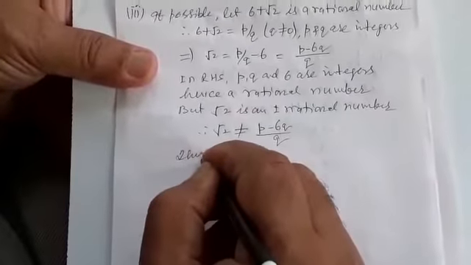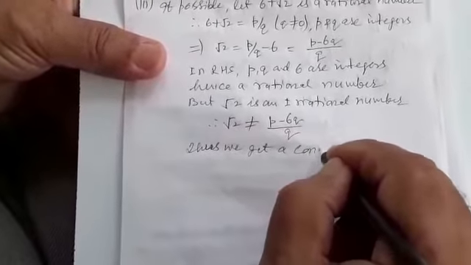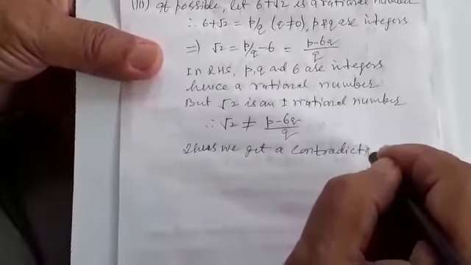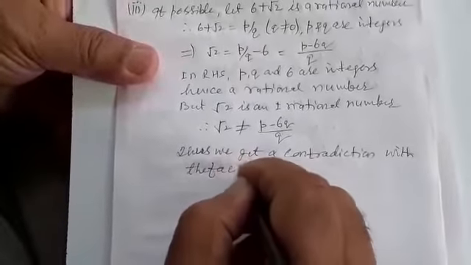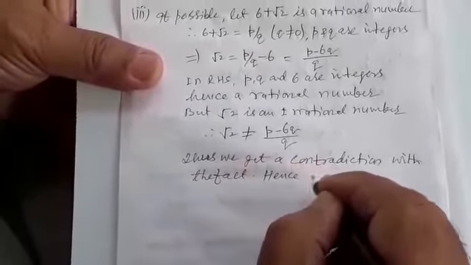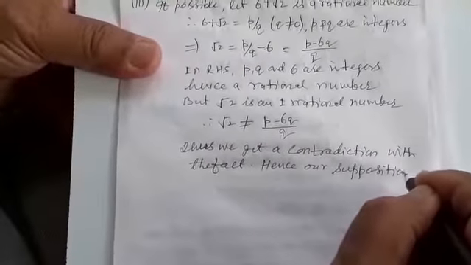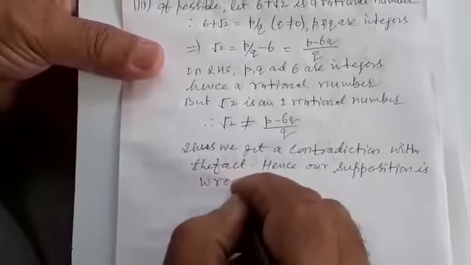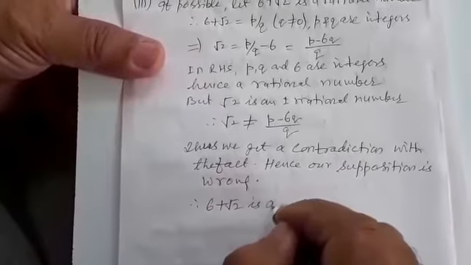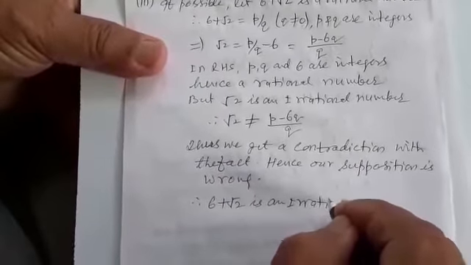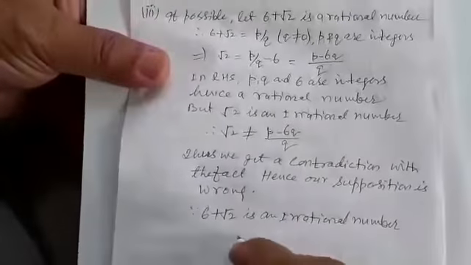Thus, we get a contradiction with the fact. Hence our supposition is wrong. Therefore, 6 plus root 2 is an irrational number. Like this you can do it.